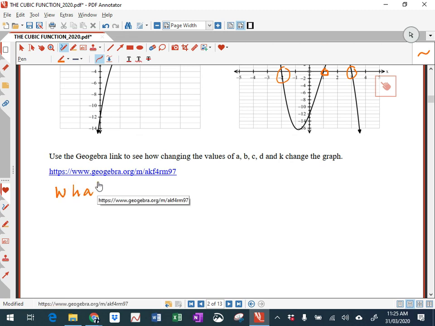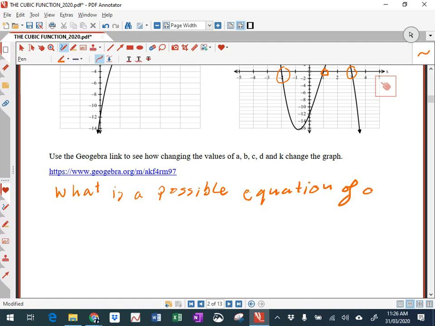What is a possible equation of a cubic with x-intercepts of, let's do 3, -4, and 5.